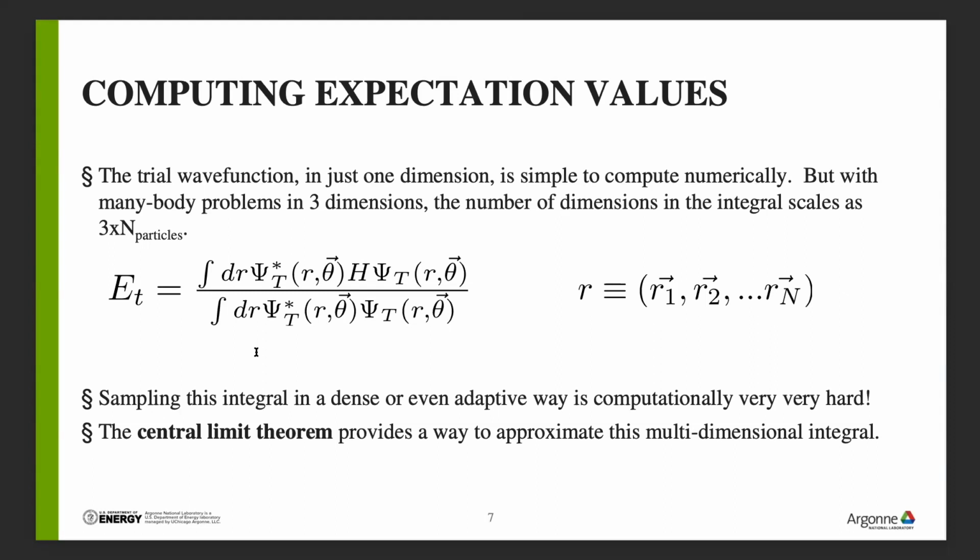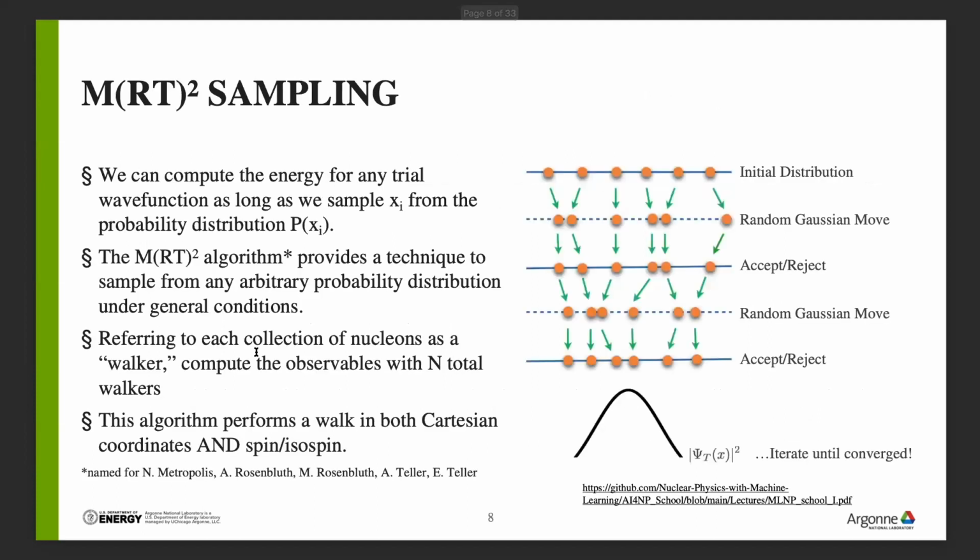So sampling these integrals to actually get to an estimate of your energy is computationally very, very hard. There is a way to do this from the central limit theorem. I have some backup slides if you want to talk more about it, but we can basically approximate this multidimensional integral through a technique that was developed back in the dawn of the first computers at Los Alamos.